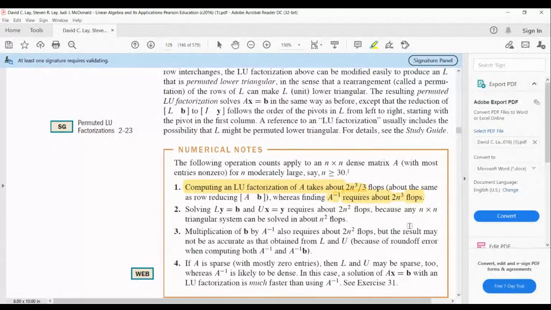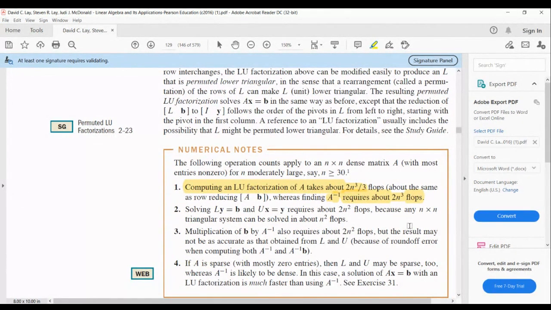So for instance, if you're going to solve a system of equations, if you were to go x equals A inverse times B, well, finding that A inverse takes 2 times n cubed flops.